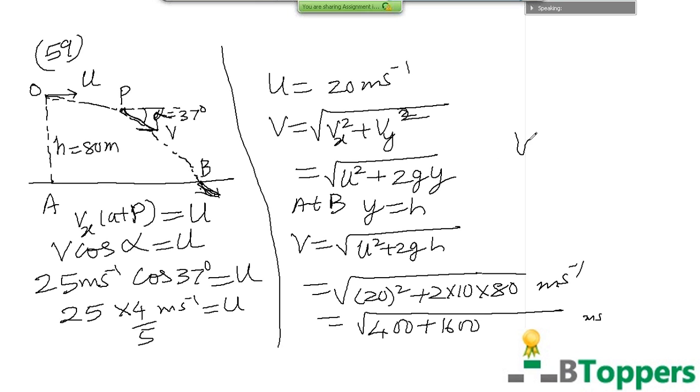So you get V equal to root of 2000 meter per second, or 20 into root 5 meter per second. That's the answer.